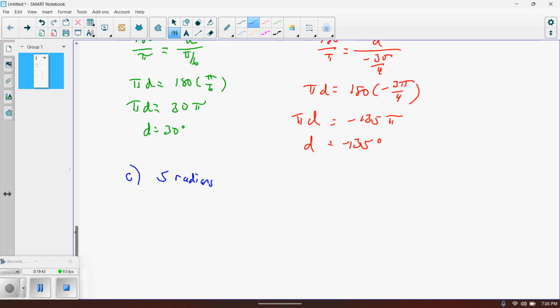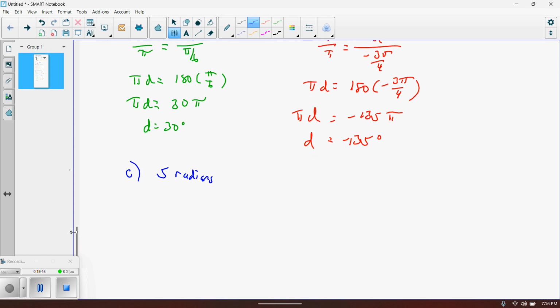So in this case, 5 radians would be a good ways around the circle. Not quite all the way there, because a full circle is 2 pi, which is approximately 6.14. So that's not quite a full circle, but it's a pretty good ways around. In any case, converting is still the same thing. So we're going to take 180 over pi.